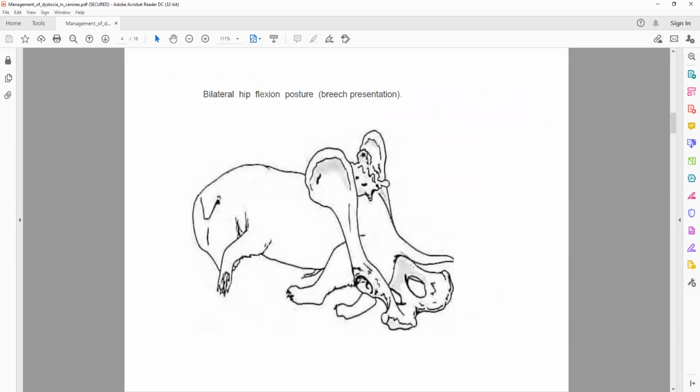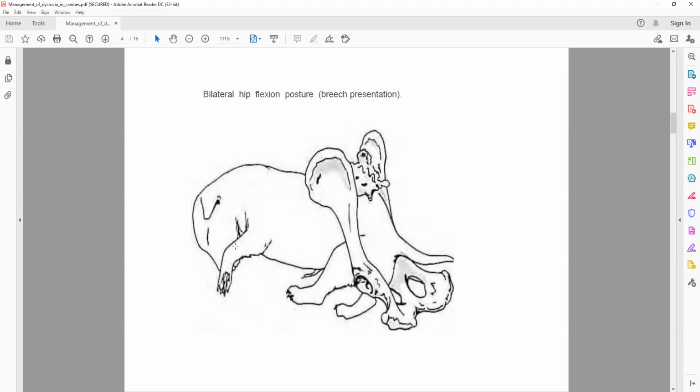Look at this. This is breech presentation. I told you breech presentation means bilateral hip flexion. Normally it is posterior presentation. In posterior presentation the legs, these hind limbs, should be extended, right? When it is anterior presentation, the head should be extended and the forelimbs should be extended, guarding the head.